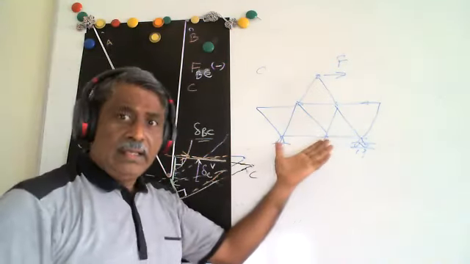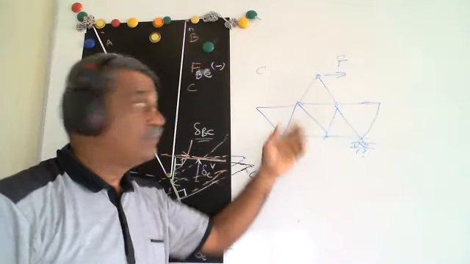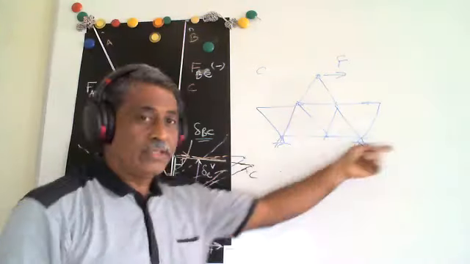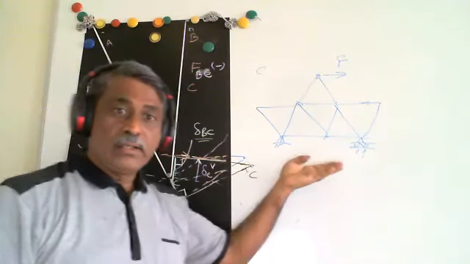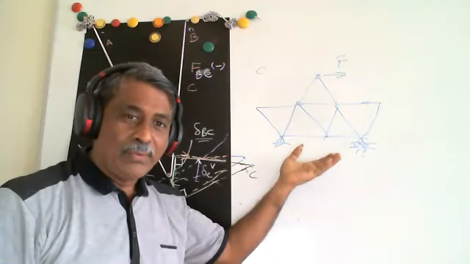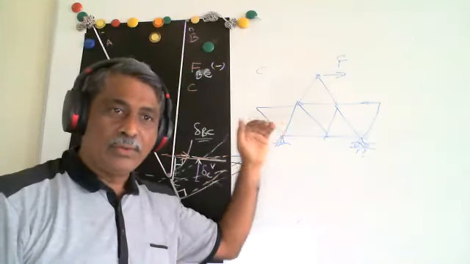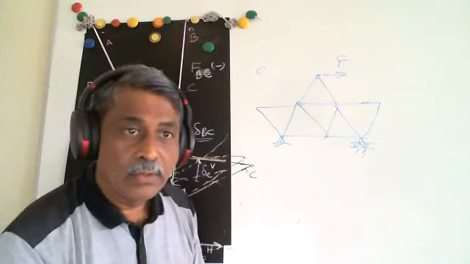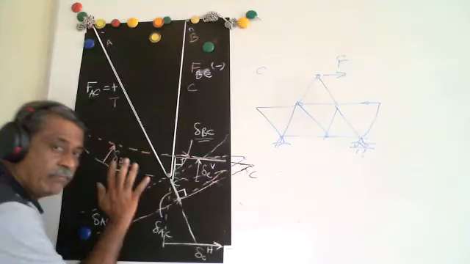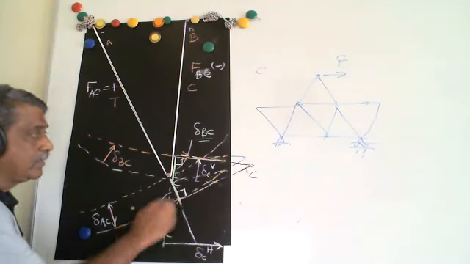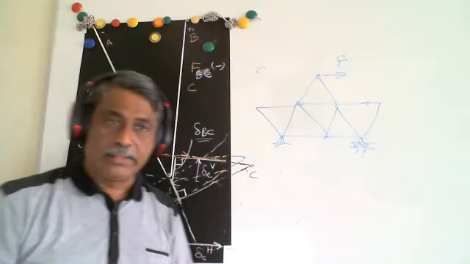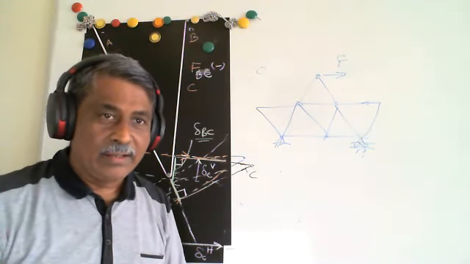Now, in order to find out the deflection, supposing I need to find out the total deflection or the strains on each one of these, it's going to be a mammoth task, right? I'm going to come to a simpler way by which you can do this analysis without going with the geometry that we have explained here. The reason why I've explained this geometry is primarily because I wanted you to recognize that we are going to deal with small strains. Is that okay, Aditya?